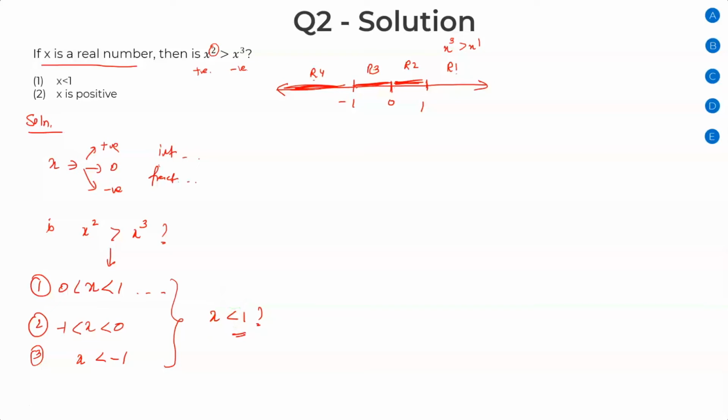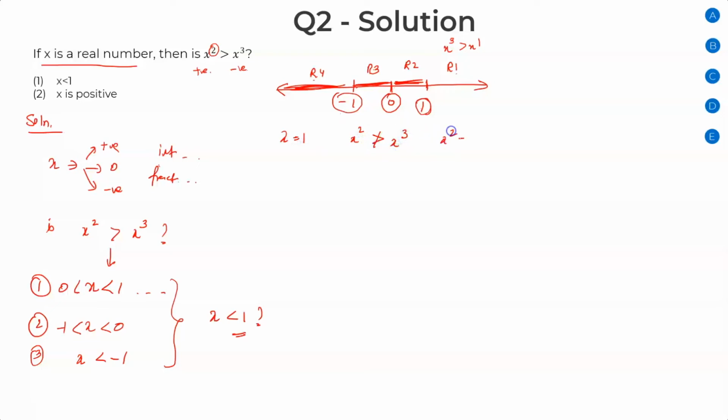The mistake that you might have made is that you did not check for x equal to 1, x equal to 0 and x equal to -1. Remember, I told you that these regions do not consider these three values. So I'll have to check what exactly the situation is for all these three values. For example, if x equal to 1, then x square is not greater than x cube.